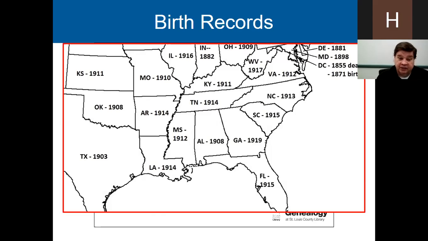Georgia's probably the latest at 1919, but that's kind of a bracket of the time frame that most southern states started recording births. So if you're looking for somebody that was born in 1907 in Georgia, they're not going to have a birth certificate.